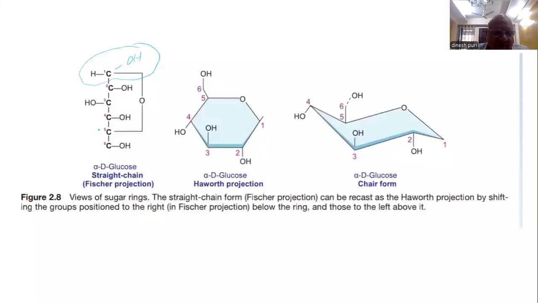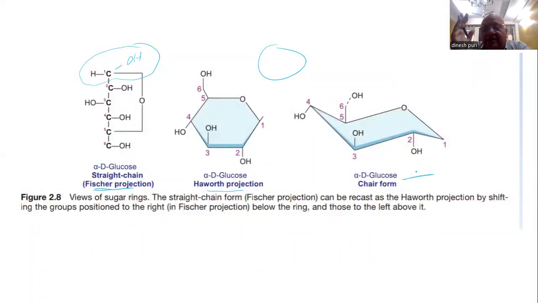So this is the straight chain to ring formation. This is called Fischer projection. This total cyclic form is called Haworth projection. And this is called chair form, which is closest to the natural. Why are we studying this ring structure?